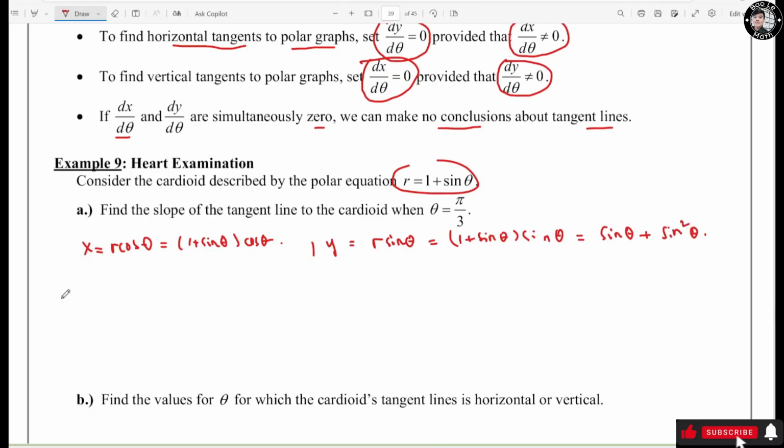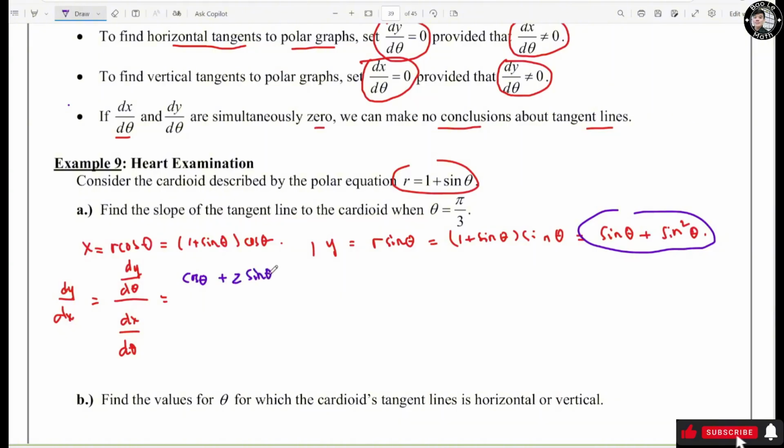Now, dy over dx is the same thing as dy over d theta divided by dx over d theta. For dy over d theta, we're going to use this function right here, so it could be cosine theta plus 2 sine theta cosine theta, over. For dx over d theta, we're going to use this one right here.